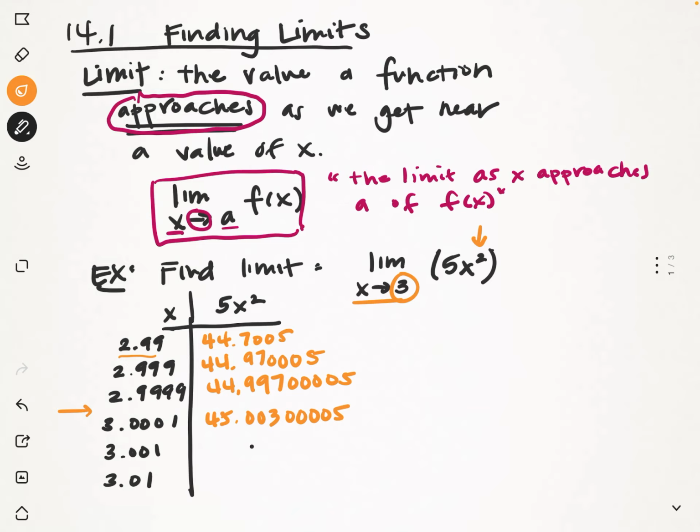And then 3.001 squared times 5 is 45.030005, and the last one, 5 times 3.01 squared, is 45.3005.